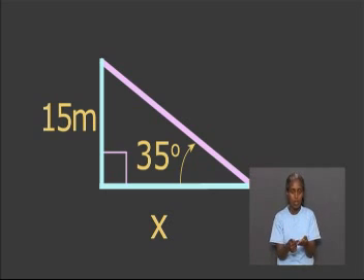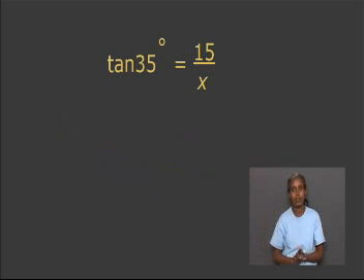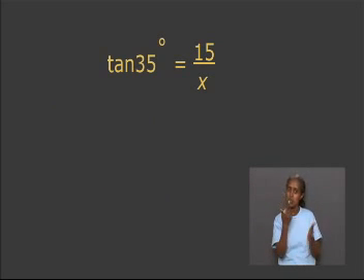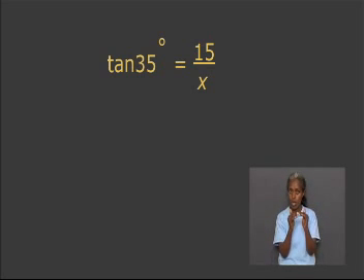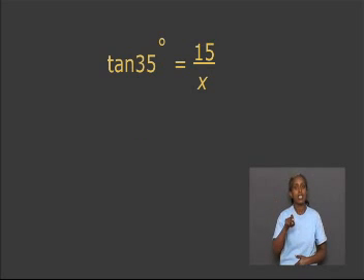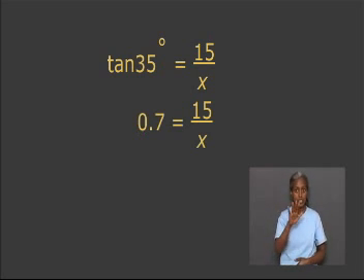Therefore, we must use the tangent function because that is the ratio of the opposite side of a triangle over the adjacent side. So the problem looks like this. Tangent 35 equals 15 over x. Checking our tables, we find that tangent 35 is about 0.7.